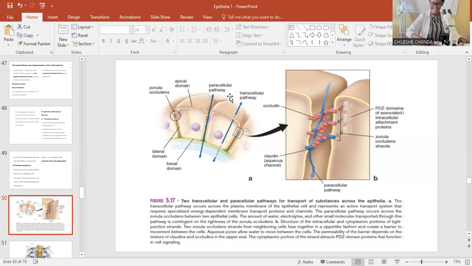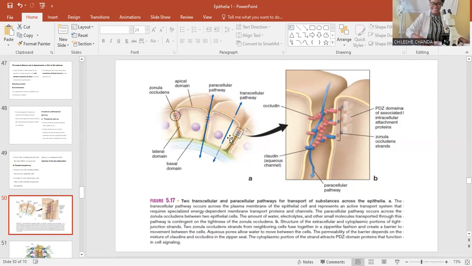They do allow very few substances, very thin substances, and those thin substances may pass, but those are very tiny substances. And when they allow those tiny things to pass, that is known as the paracellular pathway.